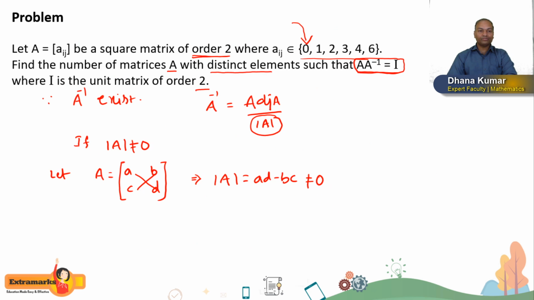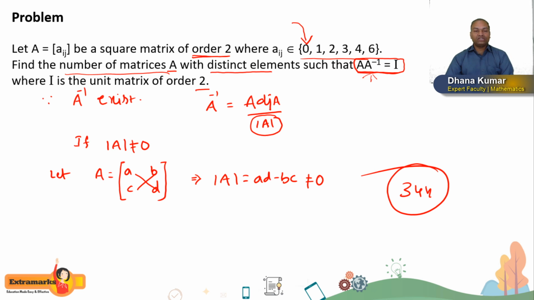So the number of matrices possible with distinct elements, which also satisfy A into A inverse equal to I, is 344 matrices. Understood? Right. In the next session, I will explain with some other topic. Thank you.